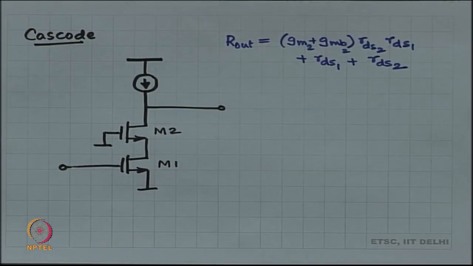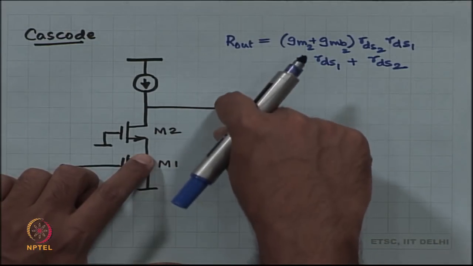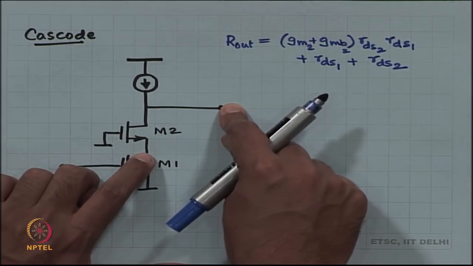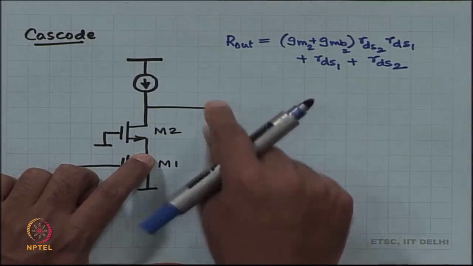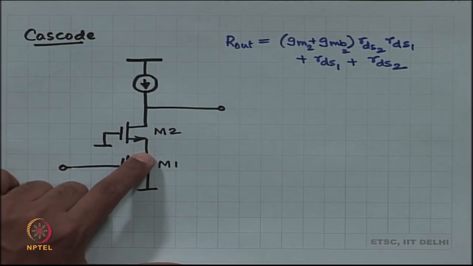It is 1 by GM2 in parallel with RDS2, or you can apply your second formula and say that the drain is terminated with 0 ohms, with a short circuit. So, RD is equal to 0, and that second formula was RD plus RDS divided by 1 plus the intrinsic gain, GM plus GMB times RDS. That is what it was.